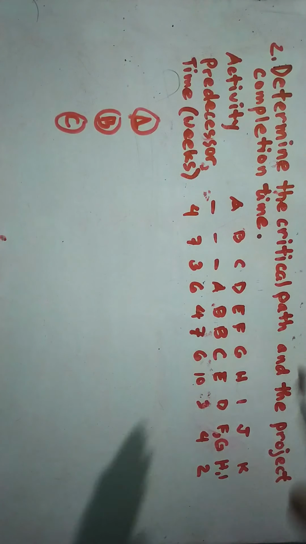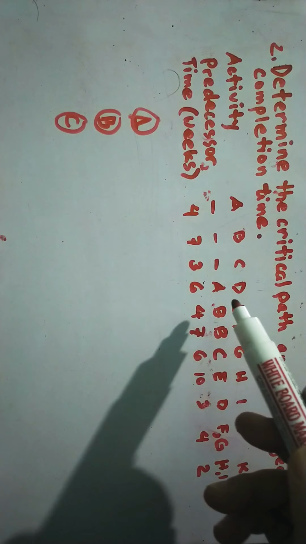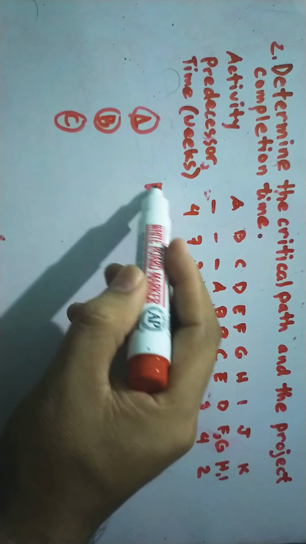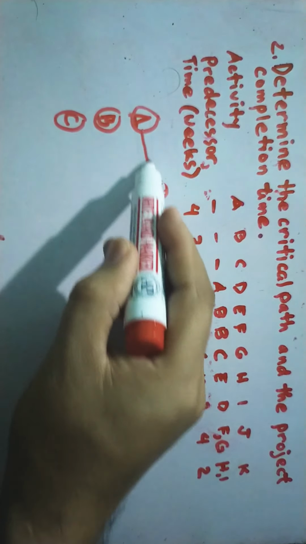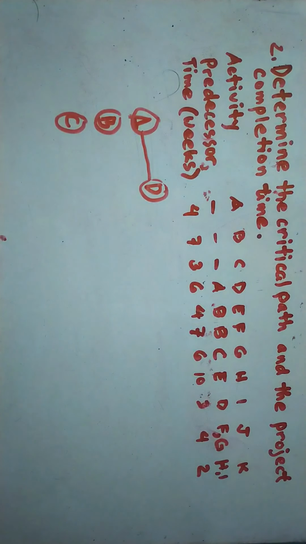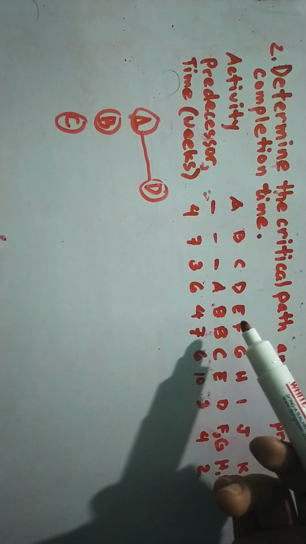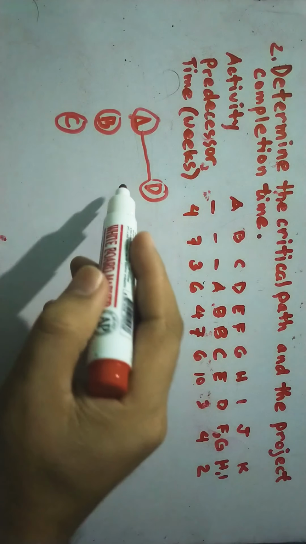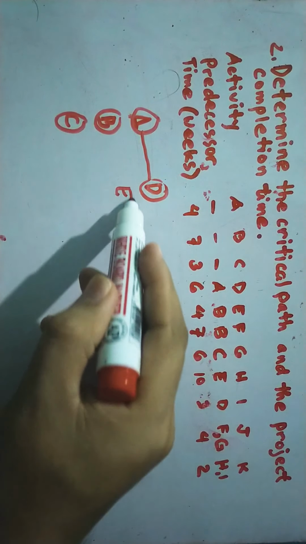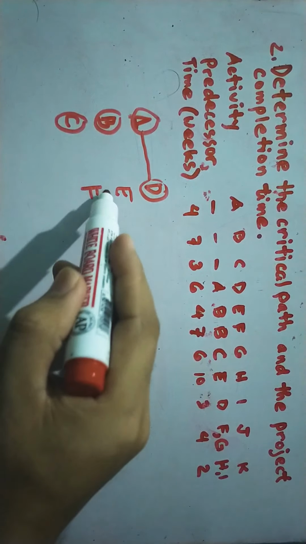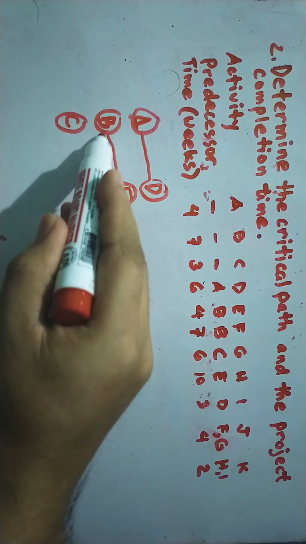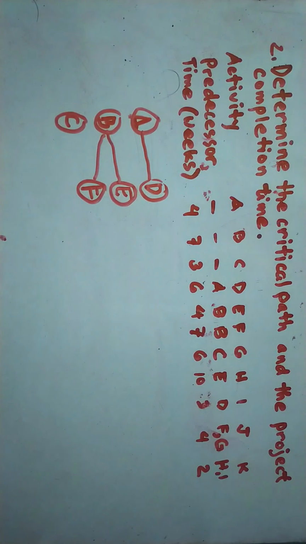And then for D, that is after A, so I will write here activity D, that is after A. And then E and F after B, so I will write here E and then F. Okay, so these are activities after B, that is E and F.